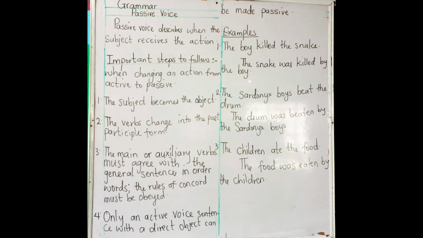Now take a look at the other part of the sentence. That is the passive part of the sentence. Number one, the boy here is the subject at the initial part of the sentence. In the passive, the boy has moved from the subject to the object. You notice that, right? Good. So we have the next one. The verb remains. But because you are reporting this now in its past participle form, there has to be the presence of an auxiliary verb.